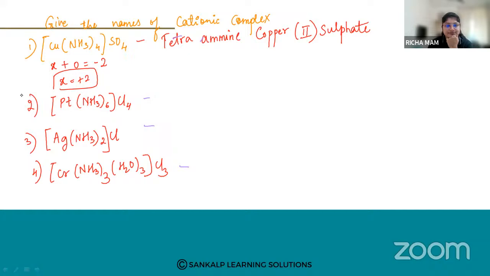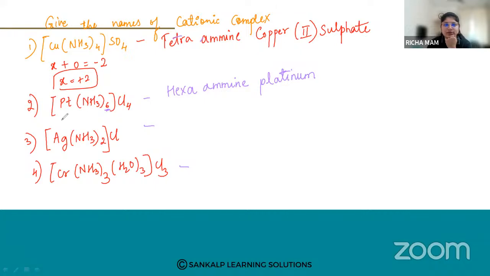Let us see. So hexaamine, six amines are there. So hexaamine, then platinum. Okay. So let us find the oxidation state.